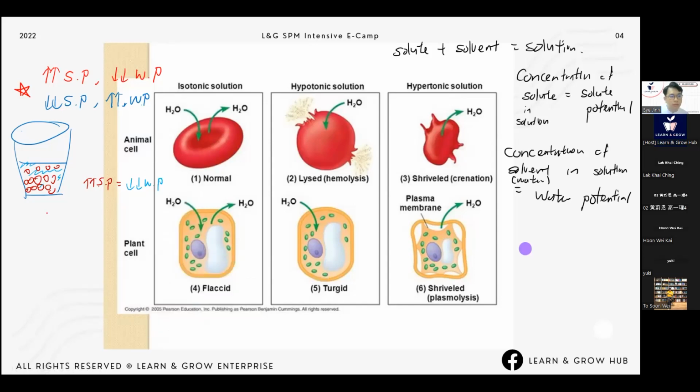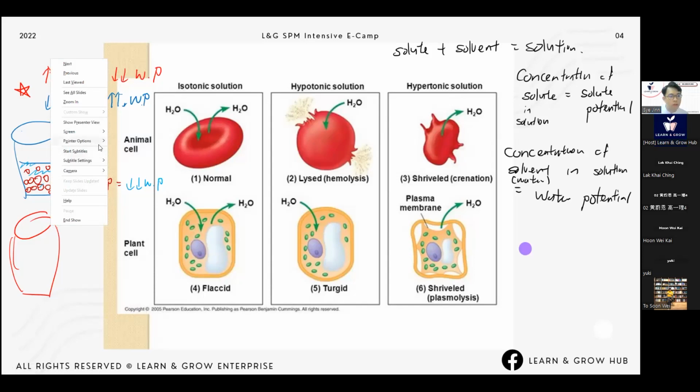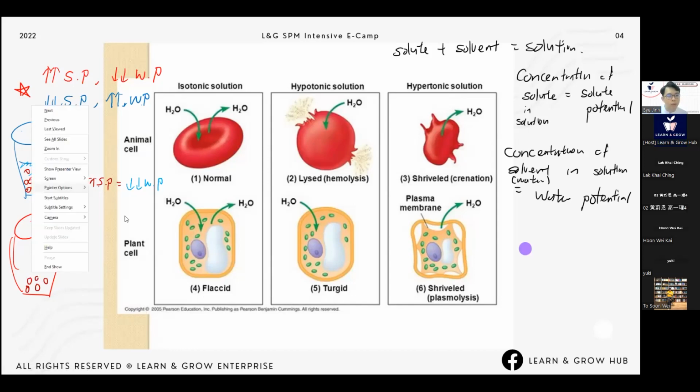If we have less solute, we can have a lot of water in the same volume, so the water is high, meaning high water potential.